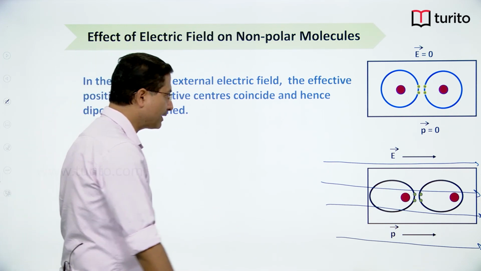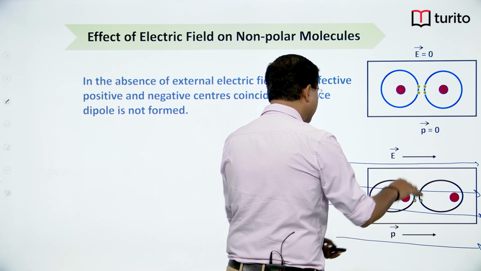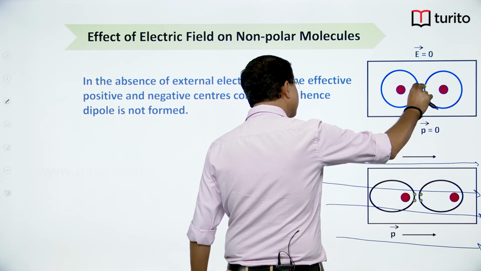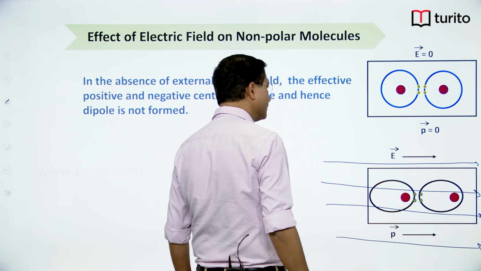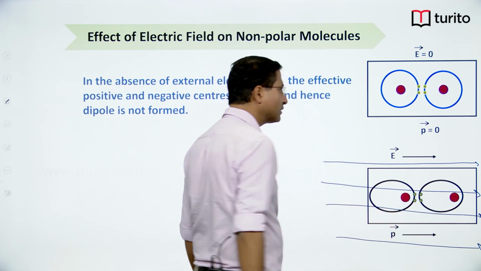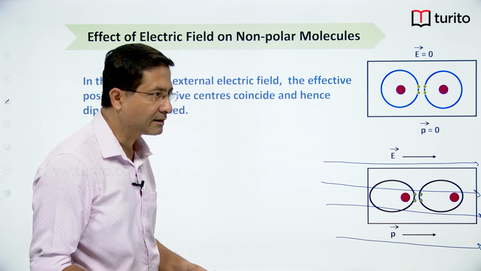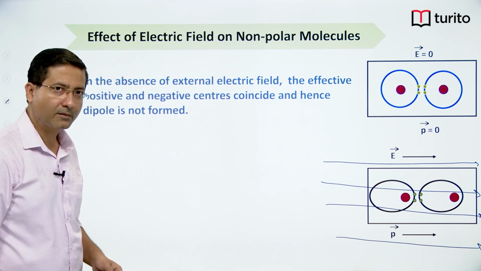So, I have applied an external field, and you can see that this positive charge will get shifted this way, and the negative charge will shift opposite to the field. So, due to this shifting, the positive charge center and negative charge center are now not coinciding, right.